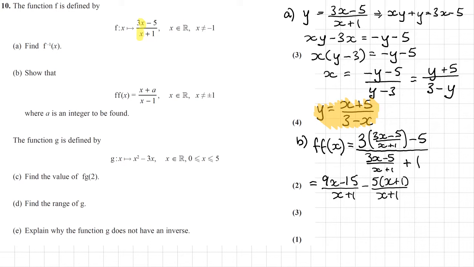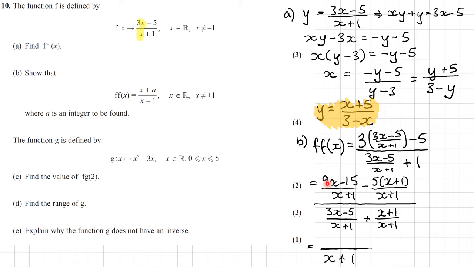That means then the whole of the top can be written as a single expression. We'll do the same with the bottom, so we've got (3x minus 5) over (x plus 1), and then write the plus 1 as (x plus 1) over (x plus 1). Then we put the top bits together and the bottom bits together. So the top is all going to be over x plus 1.